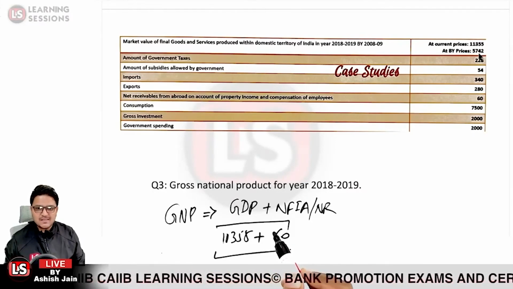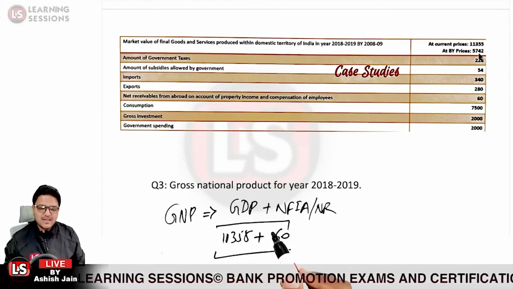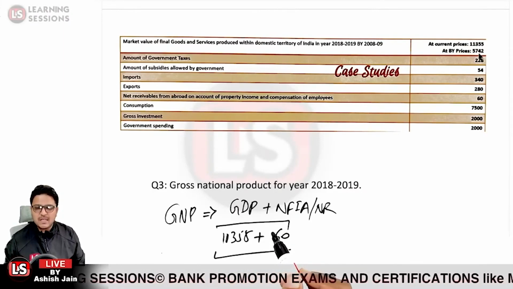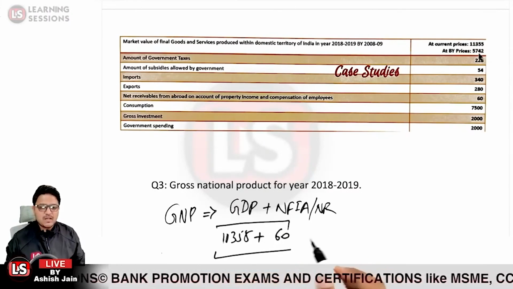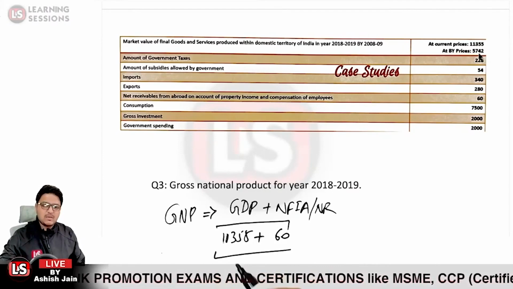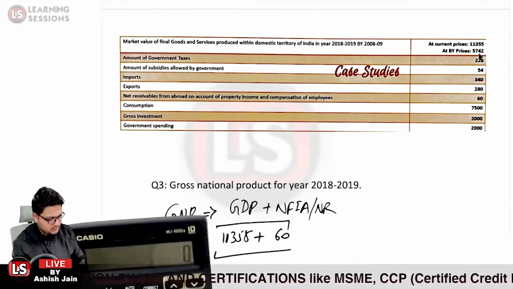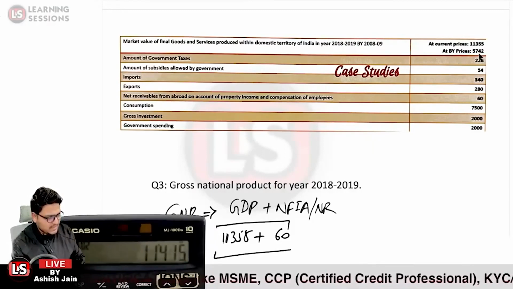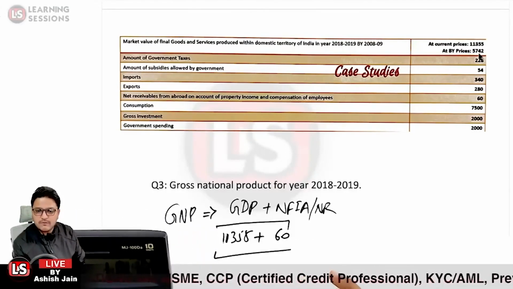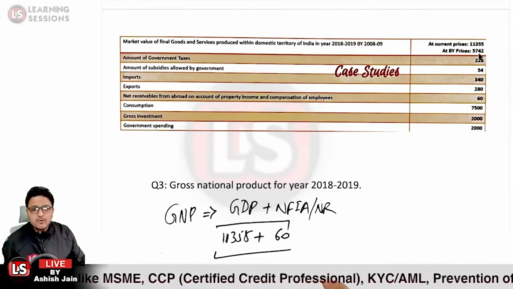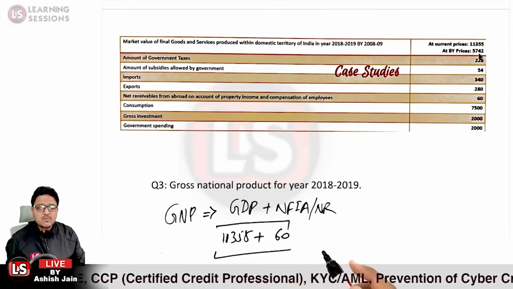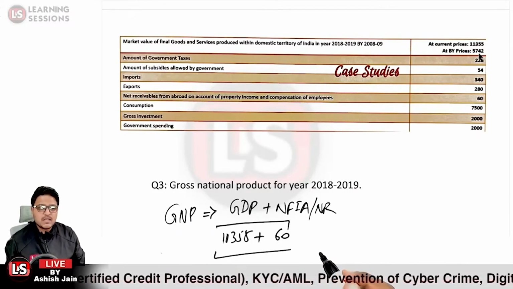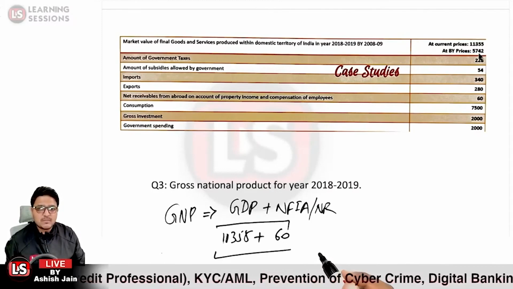The right answer over here is GDP plus net factor income from abroad. So GDP that we are considering, 11355, plus 60, that is basically 11455, but also the export-import factor is to be considered.